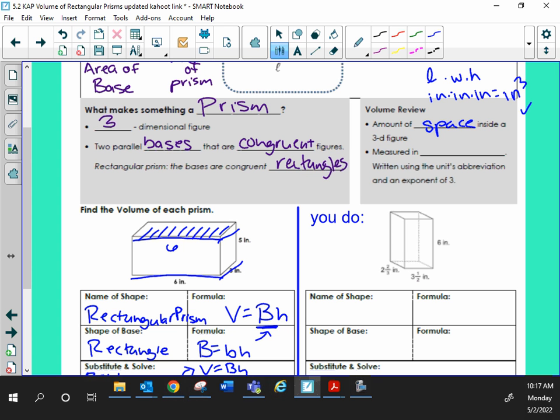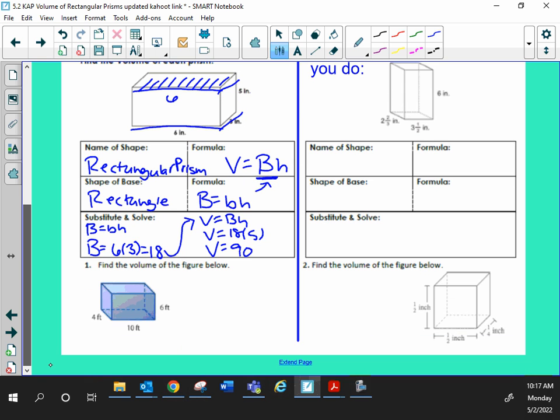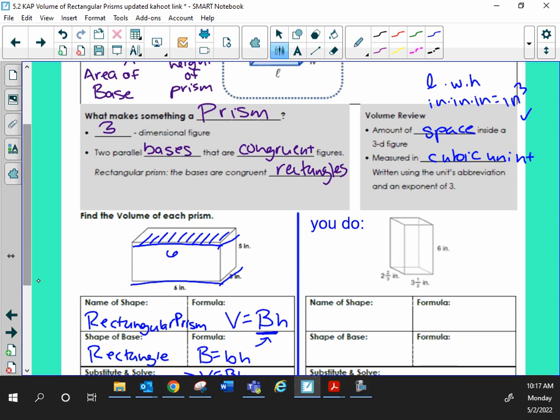So when I'm measuring volume, it is going to be in cubic units, whether that's cubic inches, cubic miles, cubic millimeters, with an exponent of 3. So finishing this off, it would be 90 inches cubed. Of course, Miss Lila doesn't expect you to write rectangular prism, rectangle, this is the base, and so on, but I still expect you to do FSS.